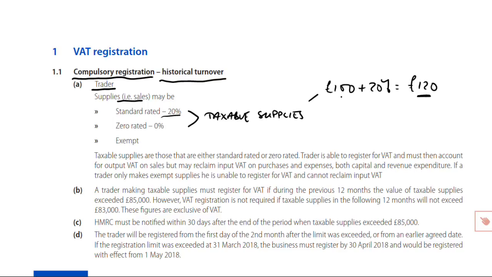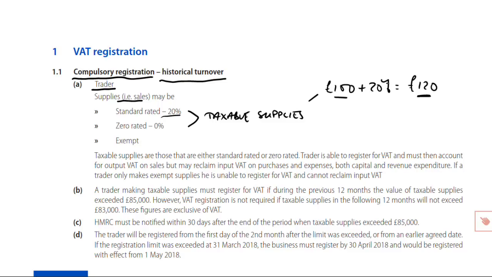And that, of course, may be an important issue in terms of whether a business does voluntarily choose to register for VAT or not. It, of course, may be the case, as with most businesses, that the level of taxable supplies they make is at such a level that it's not a question of whether they want to.